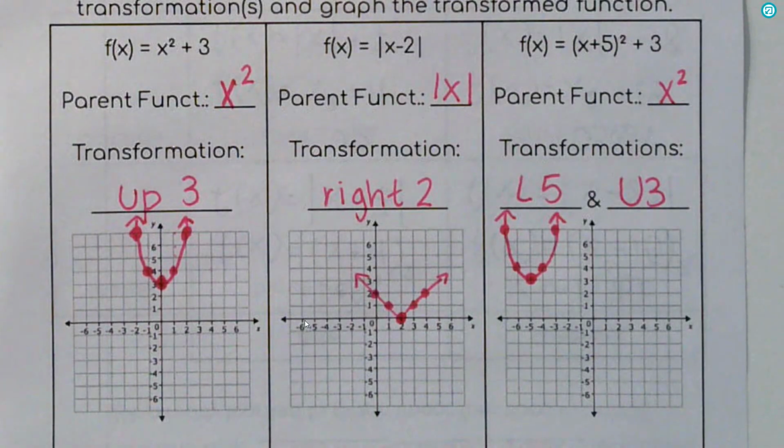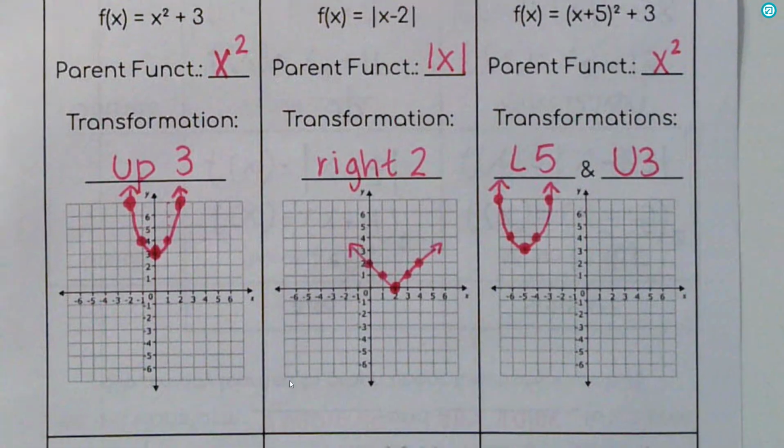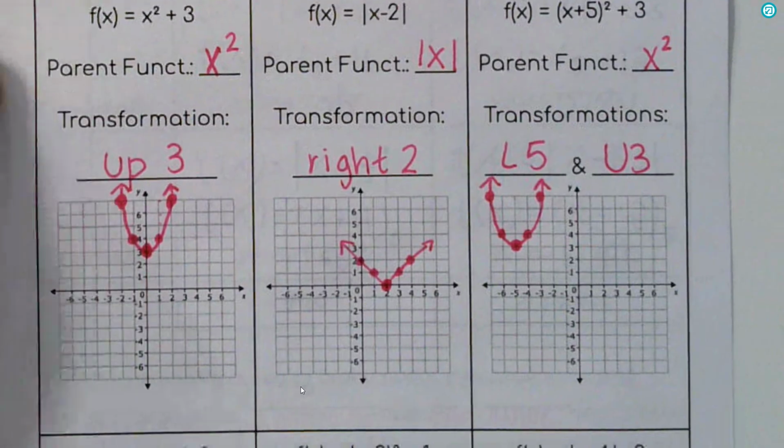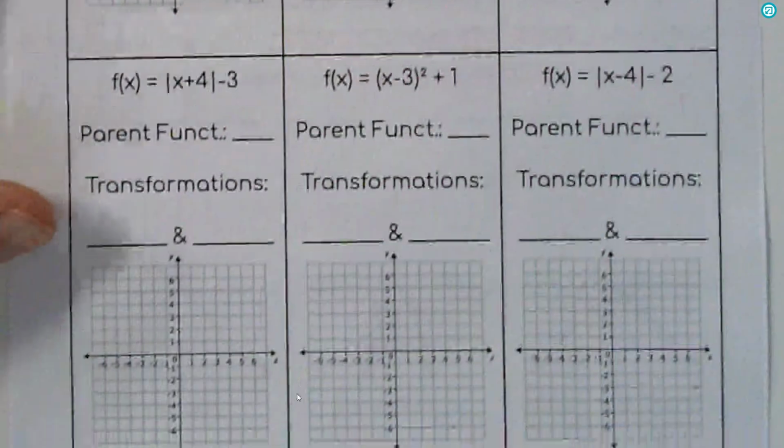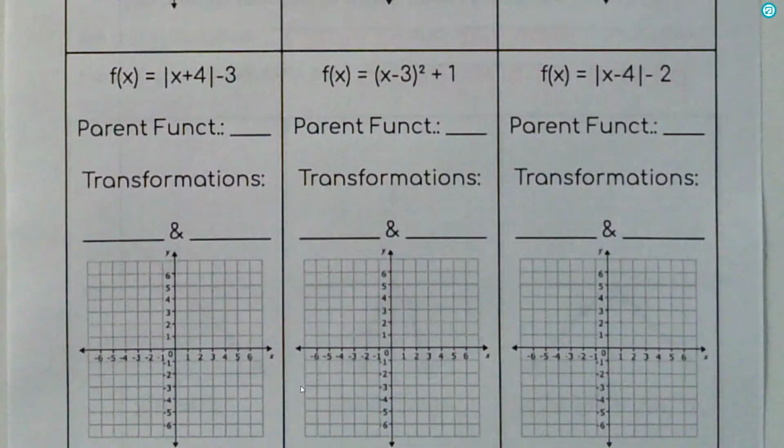All right, any questions right now? All right, let's finish these out then. We've got 3 more. Let's do one more all the way together, and then I want you guys to try them, and we'll check them. So we've got absolute value of x plus 4, and then the minus 3 is outside the absolute value.